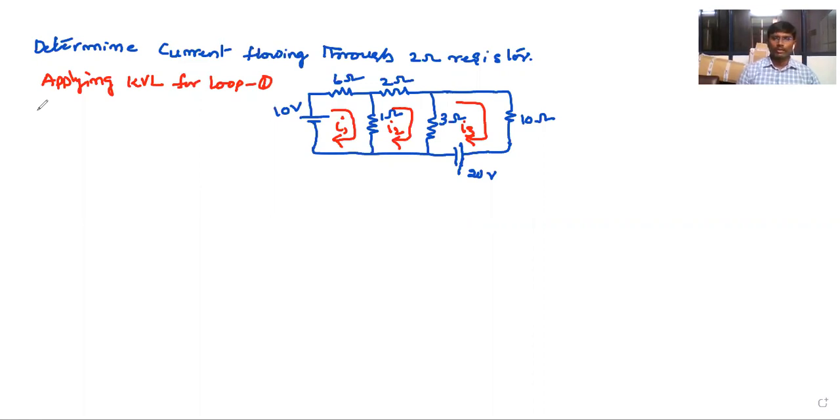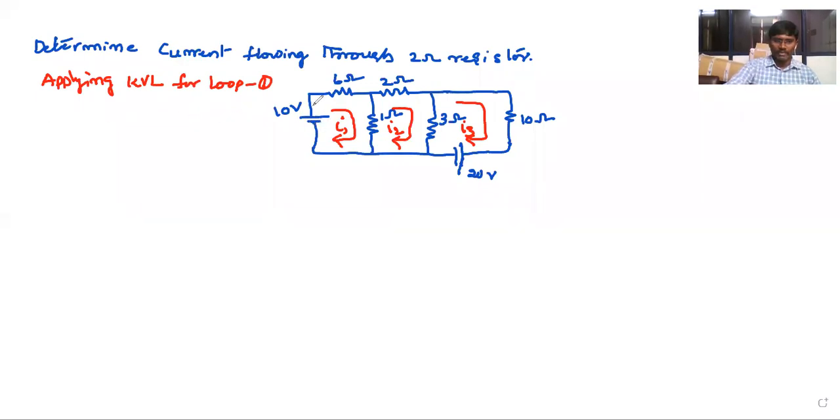In the first loop, there are 2 passive element resistors, and a passive element leads to a voltage drop, that is 6 ohm and 1 ohm. And there is only one applied voltage, which is equal to 10 volts.